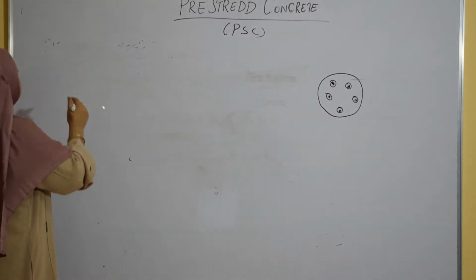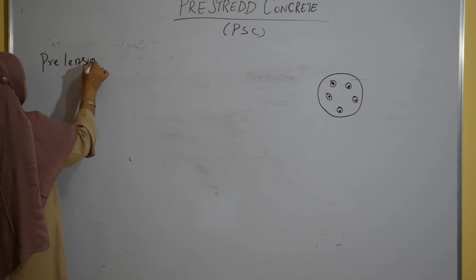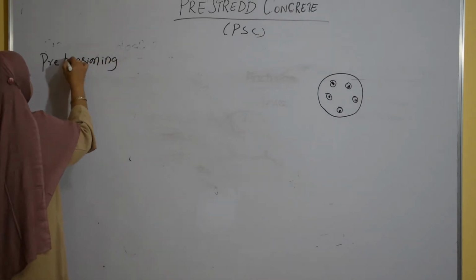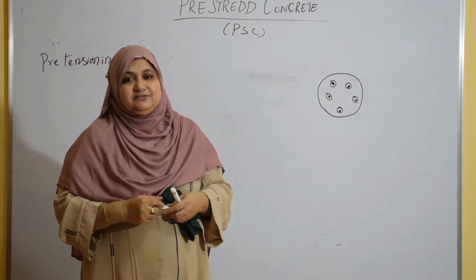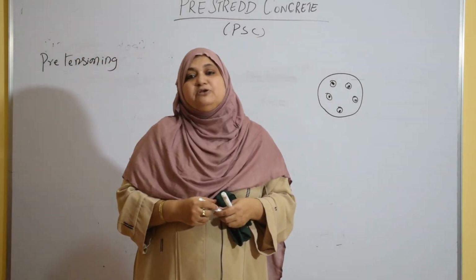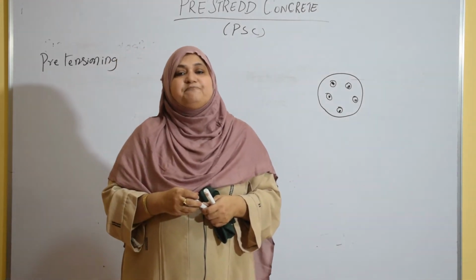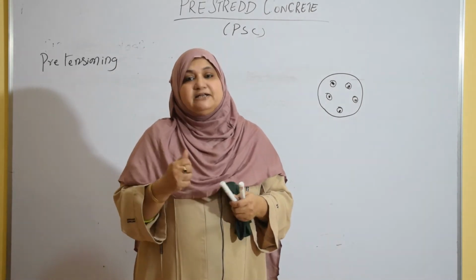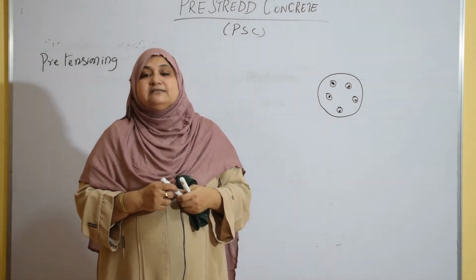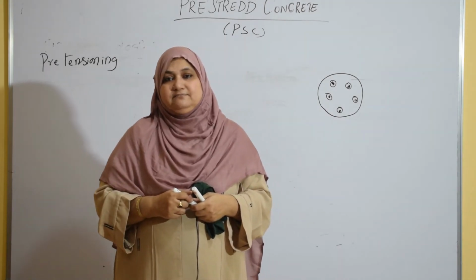Okay. Now coming to another terminology called pre-tensioning. So what is pre-tensioning? It is a method of pre-stressing. Okay. So I said we are going to impart pre-stress to the concrete. So it is a method of pre-stressing the concrete in which the tendons will be tensioned before the concrete is placed.